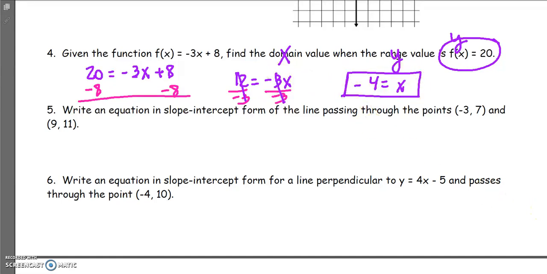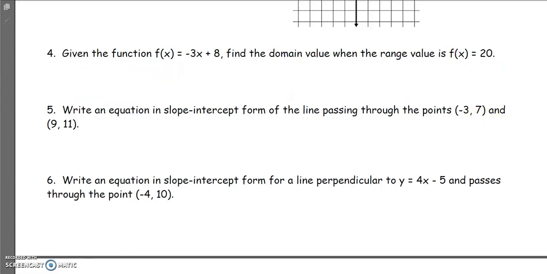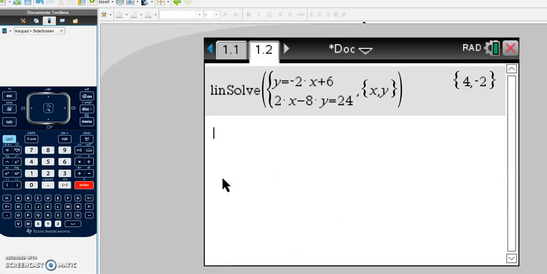Number 5 says that we are to write an equation in slope-intercept form of the line passing through the 2 given points. Okay, well, we can do this the easiest in our calculator. So let me pull the calculator up. We are going to go to a new document.